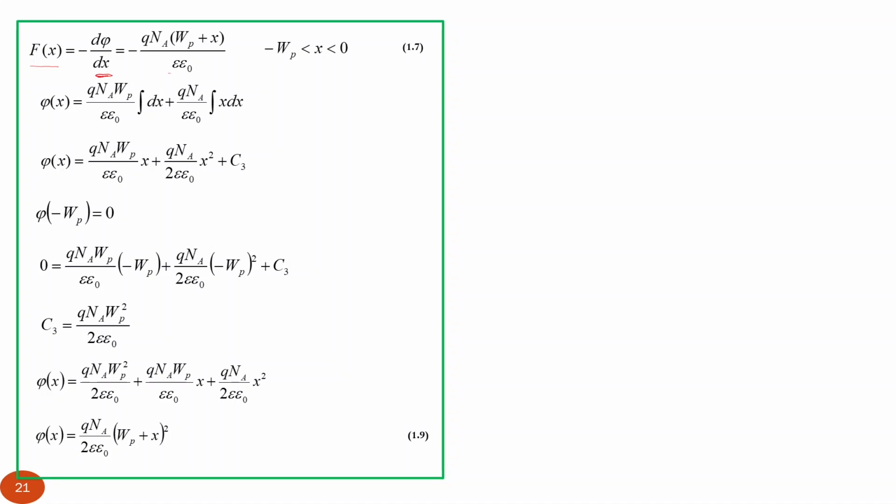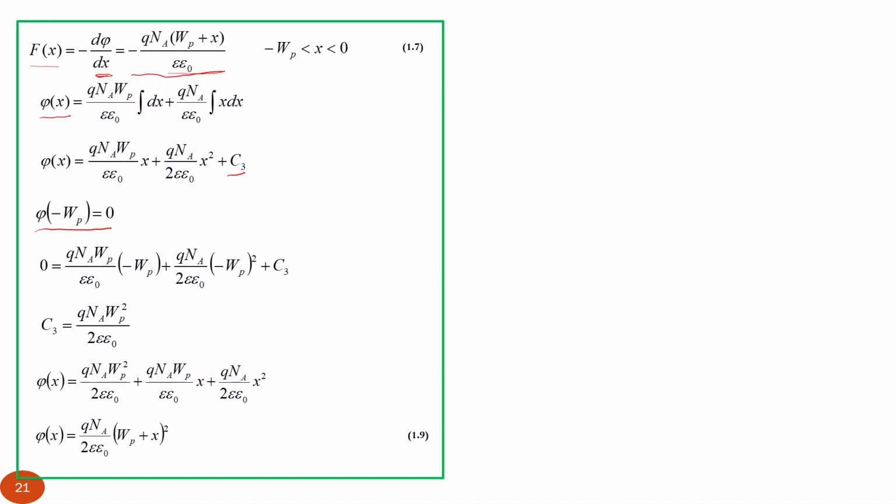So we derived it during our previous lecture. Now we need to integrate it over position x in order to get this electrostatic potential as a function of x. So we get two integrals here, and once we integrate, we get this constant C3. We determine this constant with our boundary condition for the edge of the depletion region in the p-type semiconductor.